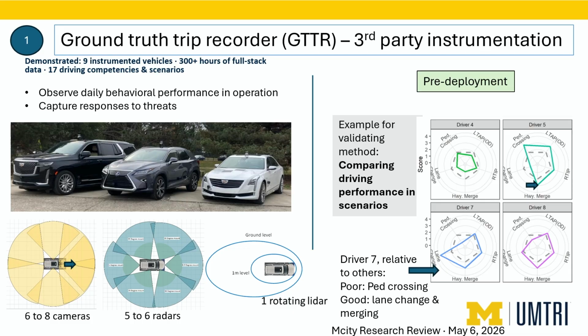In this project, we didn't use it, but if an ADS agent is driving these vehicles, you can actually use these kind of retrofit kits to make comparisons. For example, if you look at driver 7 relative to the others, and the dashed pentagon in the middle is the fleet average, you can see that driver 7 is performing poorly on pedestrian crossing, but they are performing great in lane change and merging. In this project, the drivers and vehicles were matched, so these kind of have the impact of the vehicle as well.